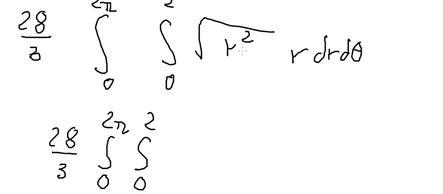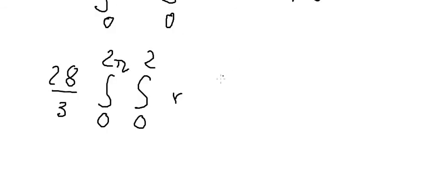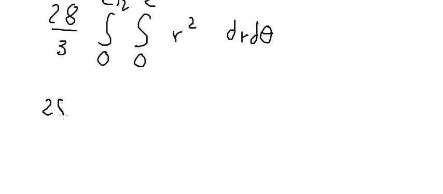The square root of r squared, you get r. We have another r. We have r d theta. R with r, you get r squared. And now the integral of r squared, you get r to the power of 3 over 3.